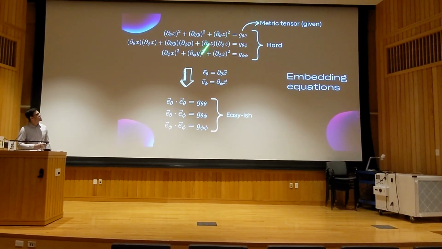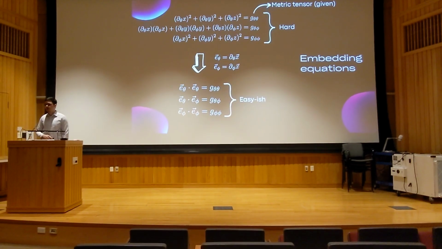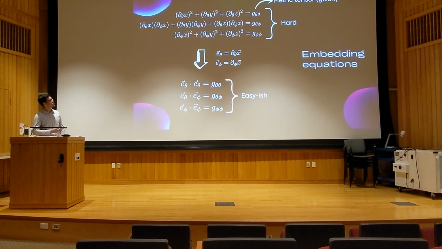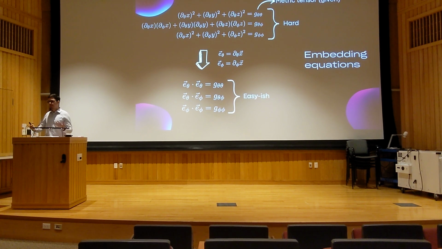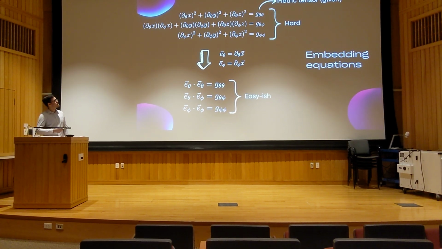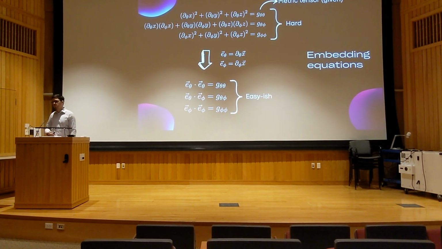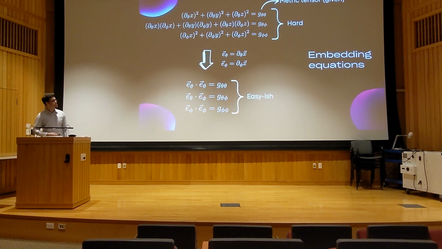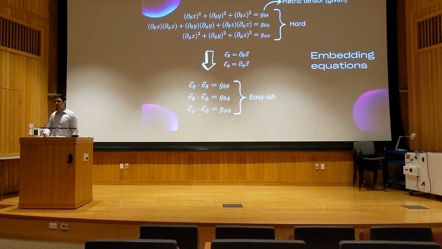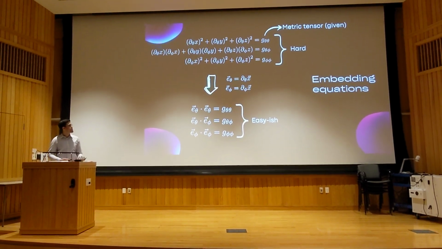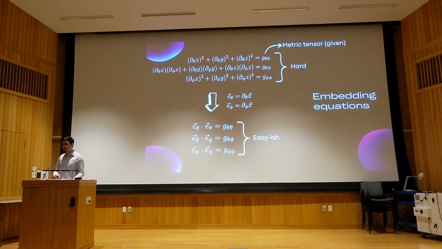So the tensor, as I mentioned, is given for our simulation. Here, we're only interested in 3 components of the metric tensor, right? We're not looking at the whole mathematical structure of the tensor, just the theta, phi components of the metric tensor. And so this just means we're going to have 3 equations of the metric tensor. We do some derivation of the metric tensors that we are interested in solving.